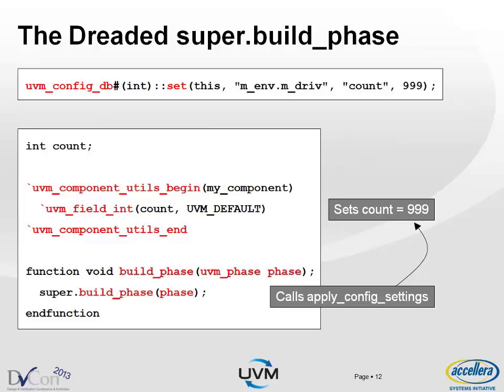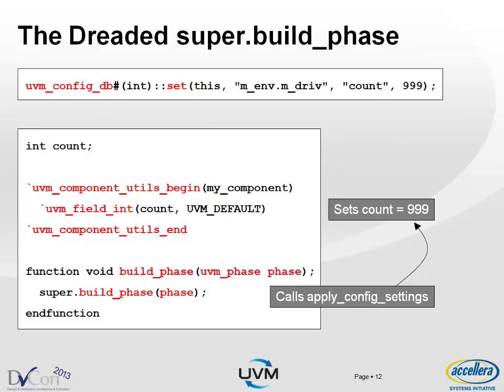Apply_config_settings will then match the names of any registered fields with values set in the configuration database. And if the field name matches and the path matches and the read-only flag hasn't been set for that particular field, then the value of that field gets set once to the value of the configuration database, which is a perfectly good mechanism.